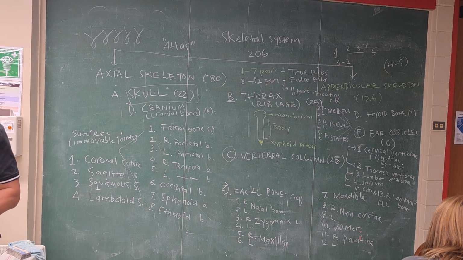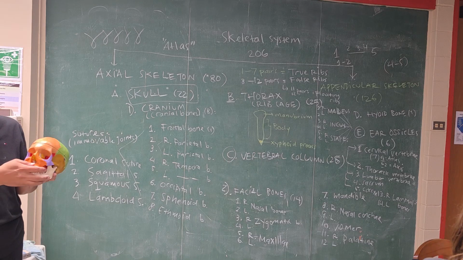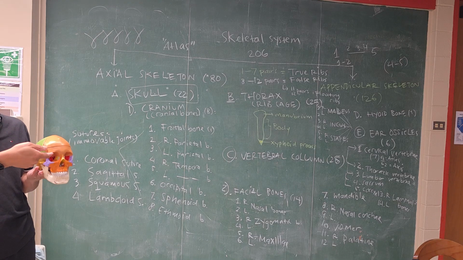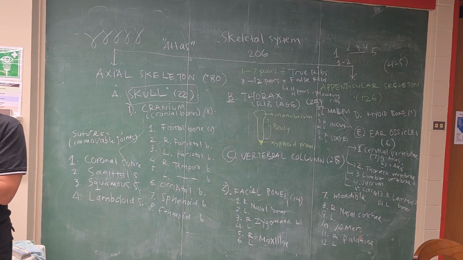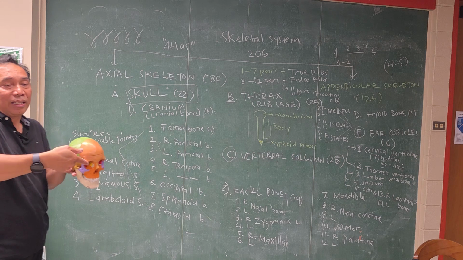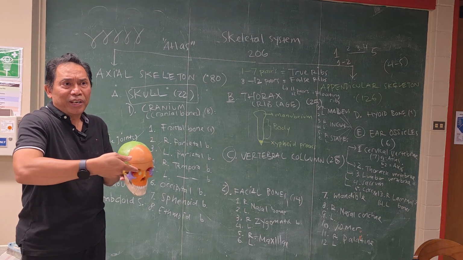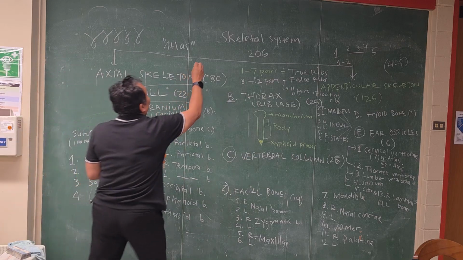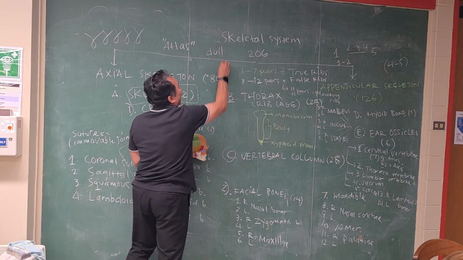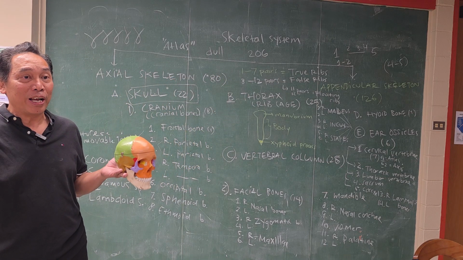Supraorbital margin. You actually have to put your fingers on the top of the eye socket and feel it. If it is dull, then give 4 or 5.